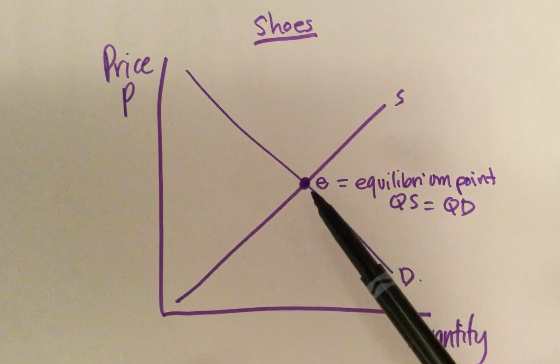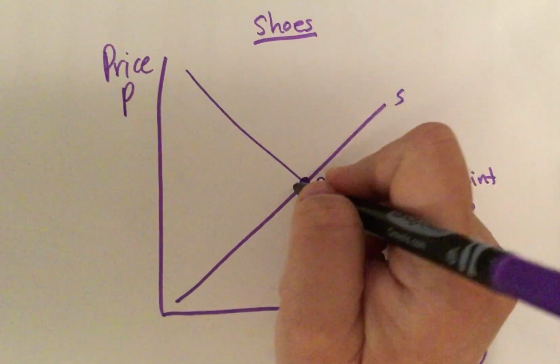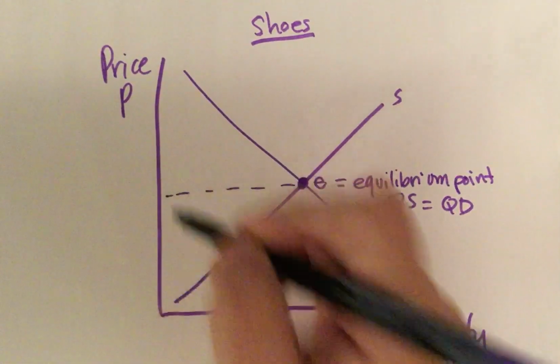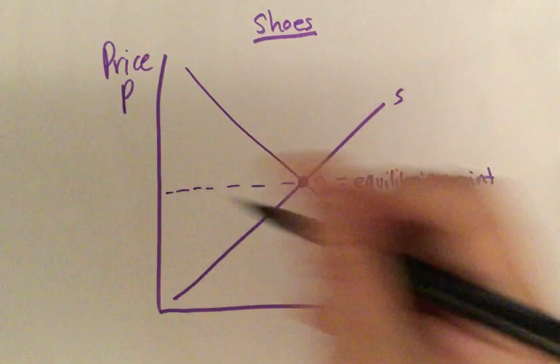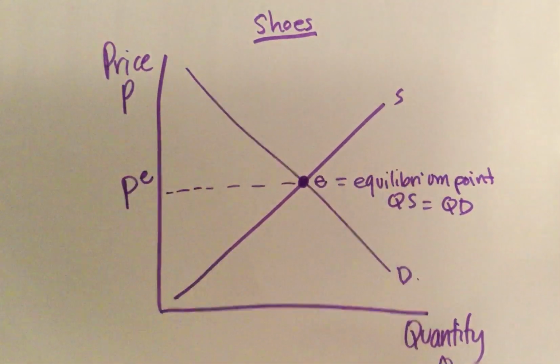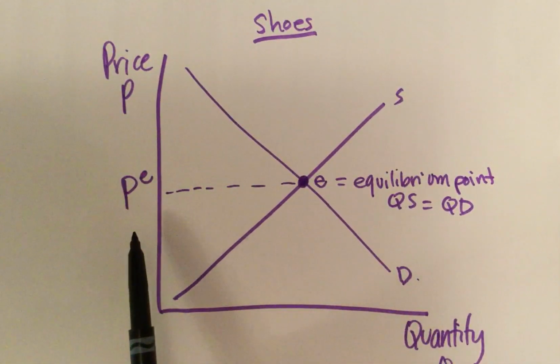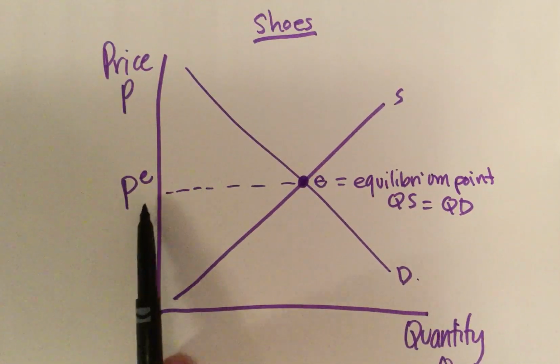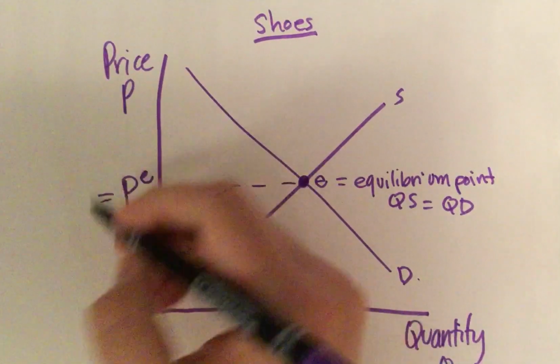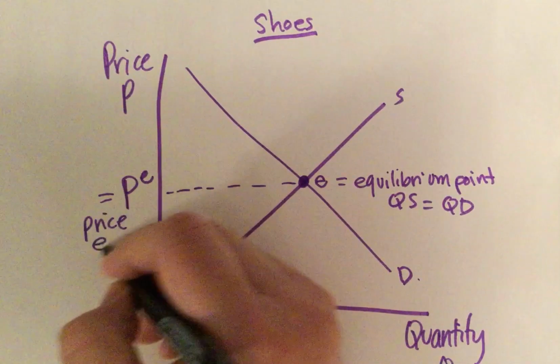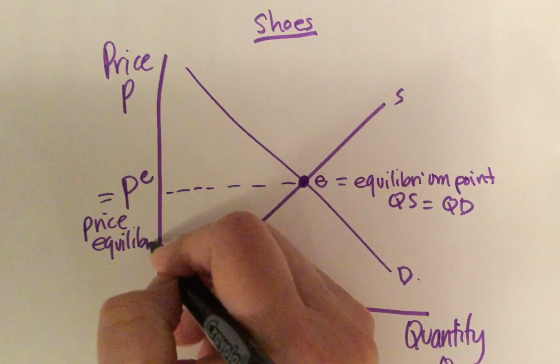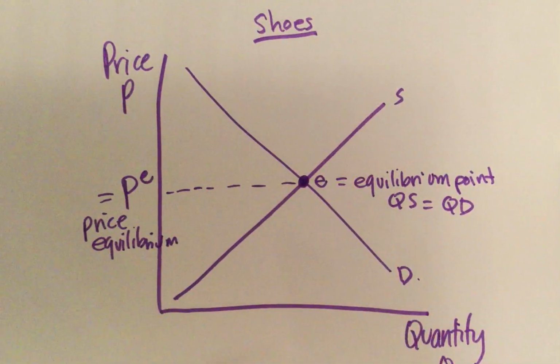At this point of intersection, this is the point of perfection. If you track with the dotted line to the y-axis, and you should always, then this is the price equilibrium. Price equilibrium is illustrated by a large P and a little e. This is price equilibrium. A little bit crowded there, but that's fine.